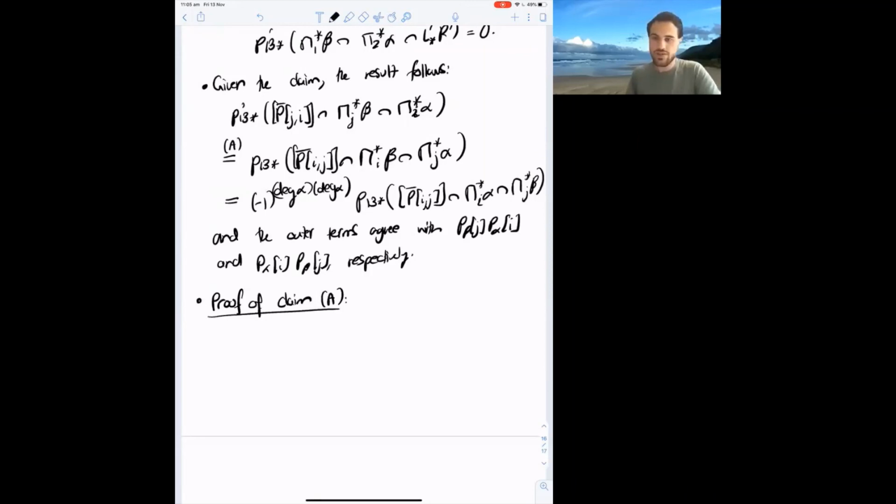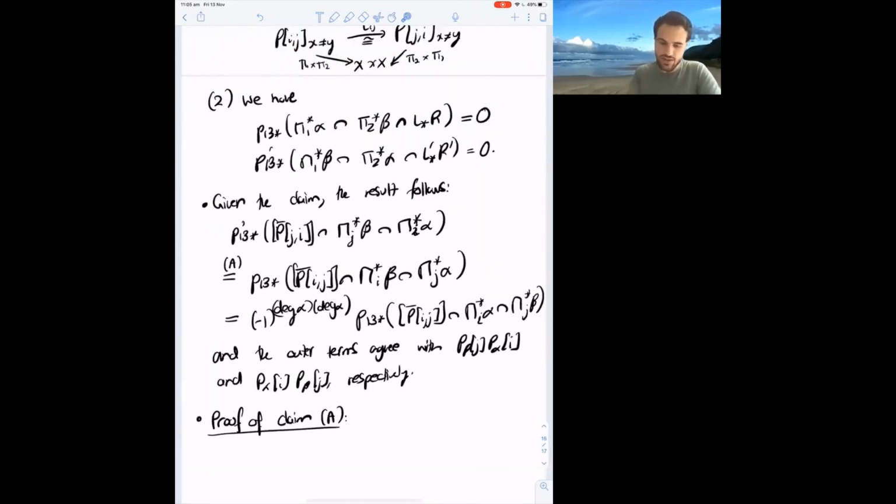So what does a typical point in the left-hand side here look like?